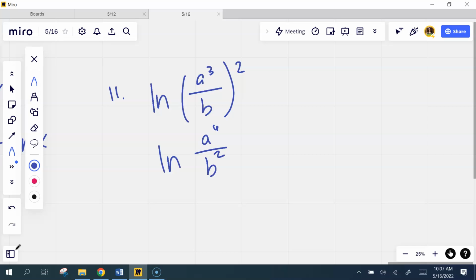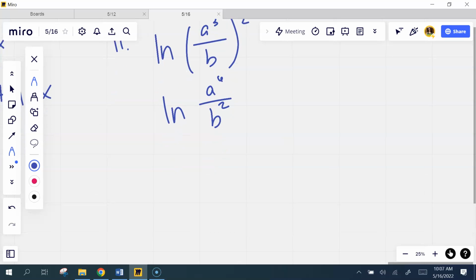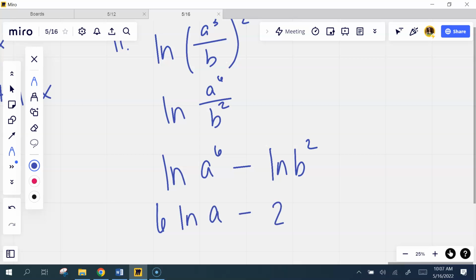What now? Split them up. A to the 6th, split them up how? What do I split them up with? There you go. Log of b squared. Now what? Now I'm completely expanded, right?